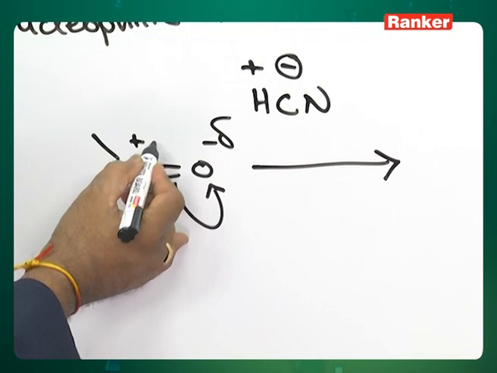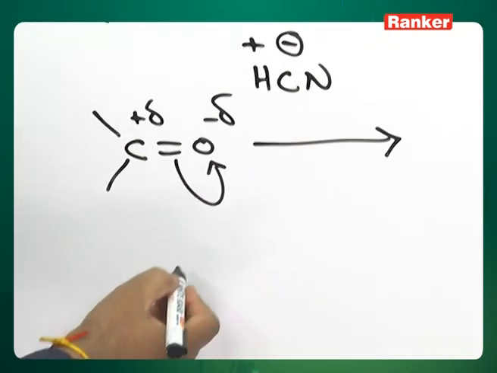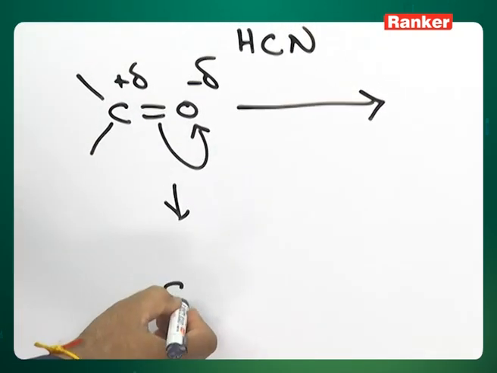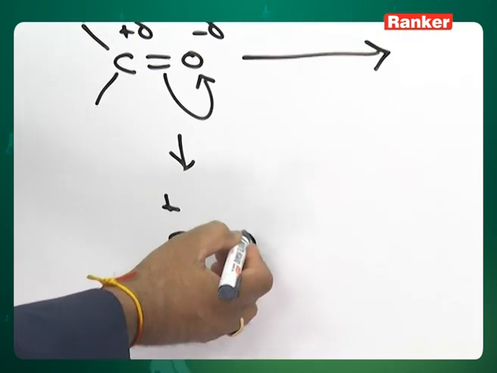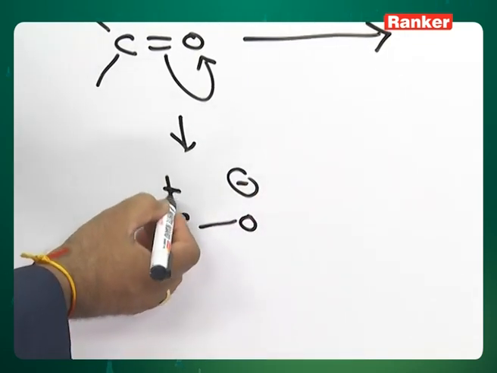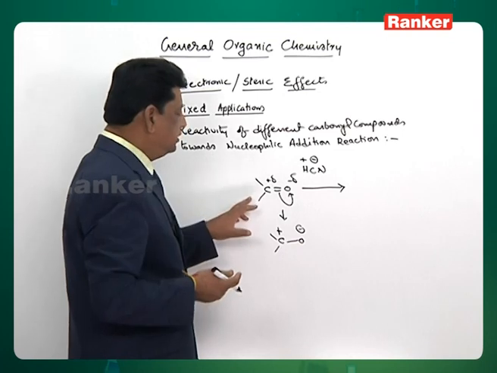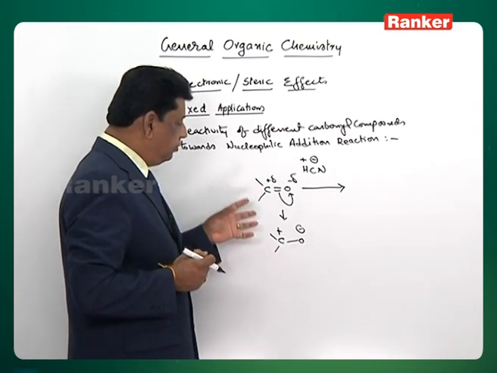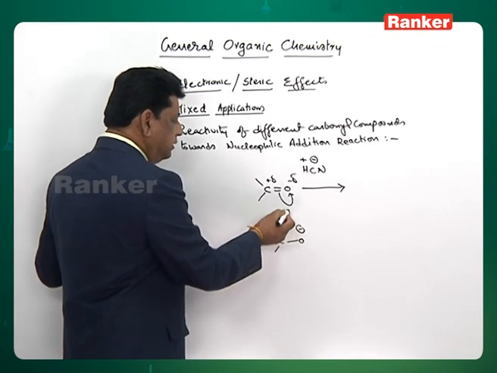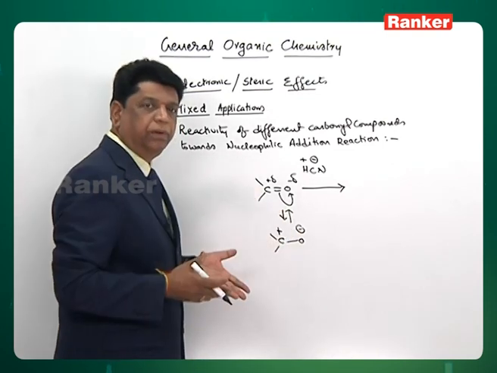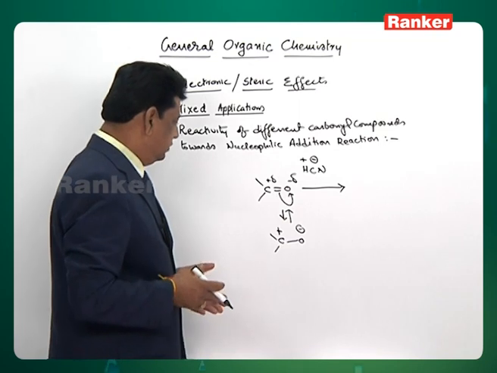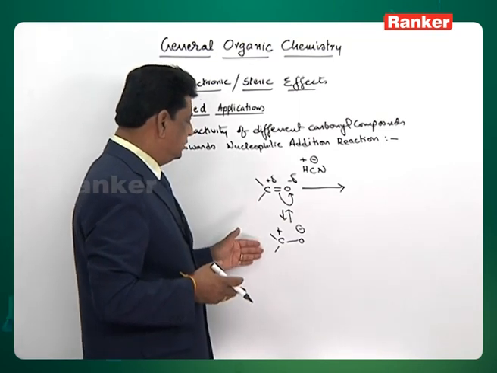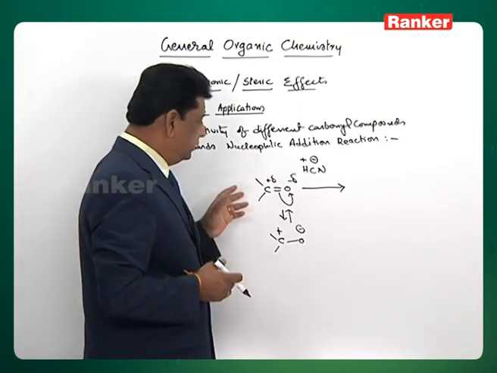So there will always be delta plus and delta minus, which by opening results in a full plus and a full minus also being available. So the compound sometimes has a delta plus delta minus, or sometimes a full plus and full minus. This is not resonance, this is just opening the pi bond, we do not call it resonance. This is a polarized structure, this is an unpolarized structure.